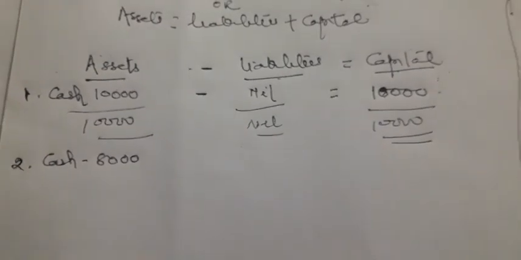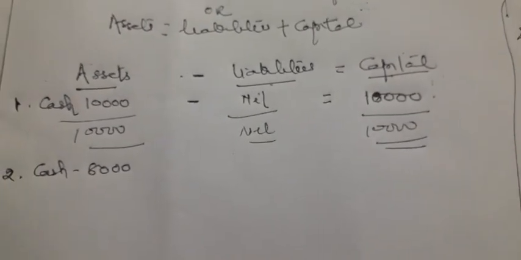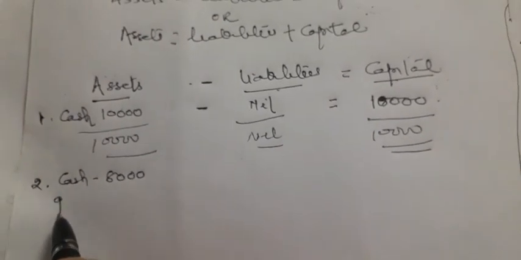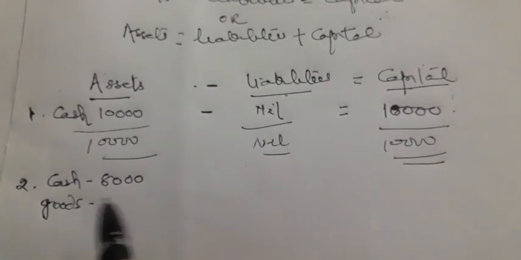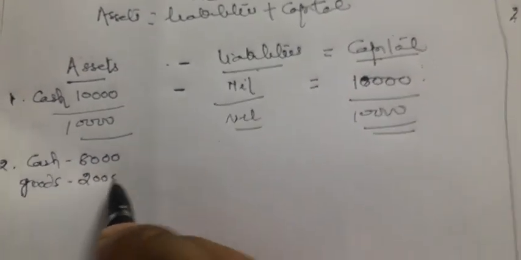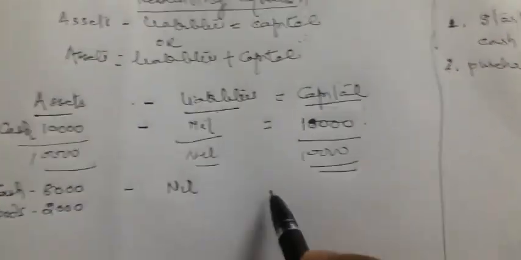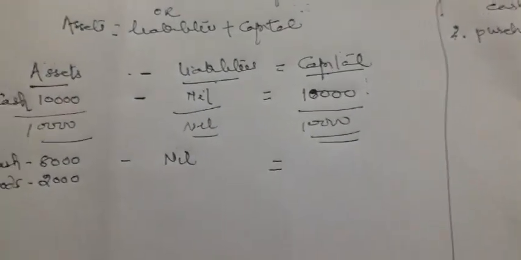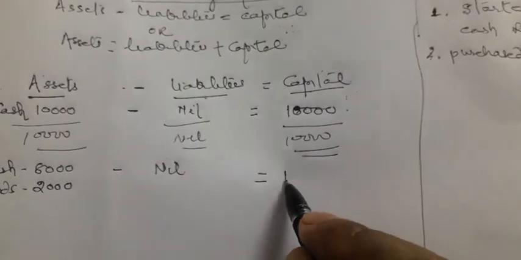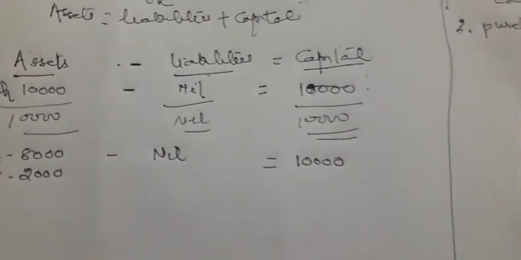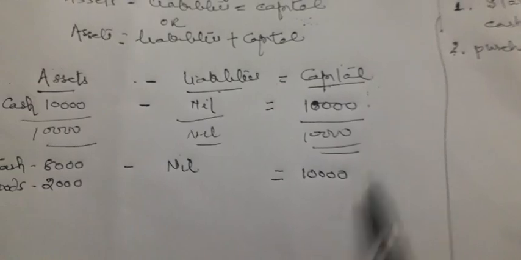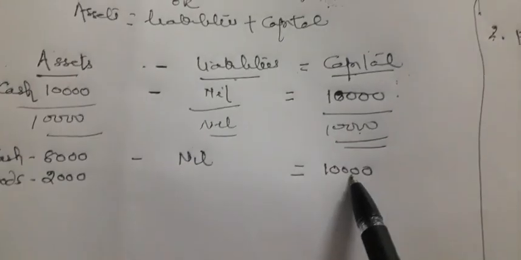Then we have purchased goods. So a new asset is coming into the business in the form of goods for rupees 2,000. There is no liability involved, and sale and purchase of goods has no effect on the capital. So capital remains as it is, 10,000.